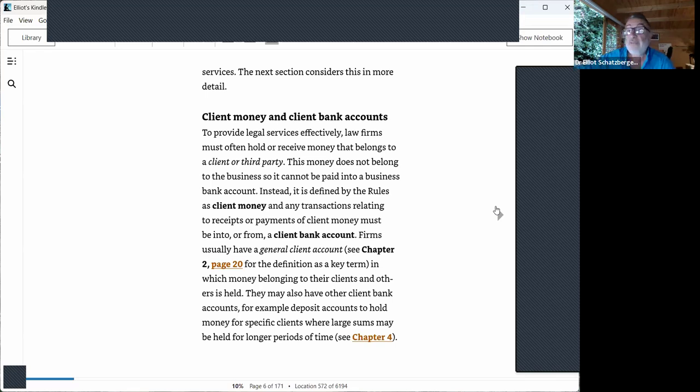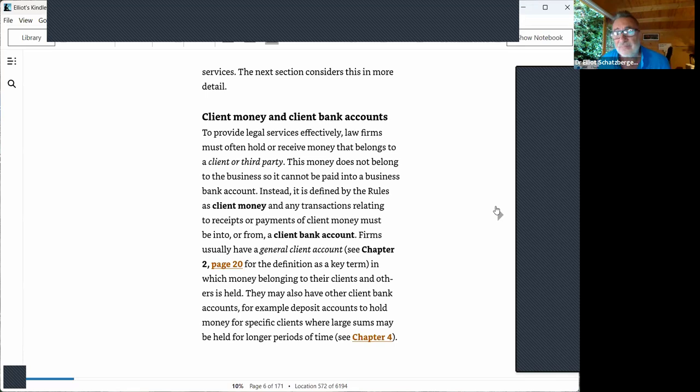So for example, if you are a criminal law firm, and you are only ever having money into your firm from, let's call it legal aid, because we all are familiar with that term. It's not called that anymore, of course, but we'll call it that. So from legal aid, from the public purse, it's not from the client. It's not for the client. So therefore, you don't need a client account.